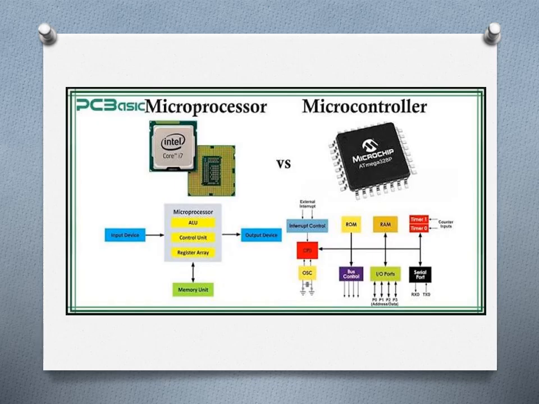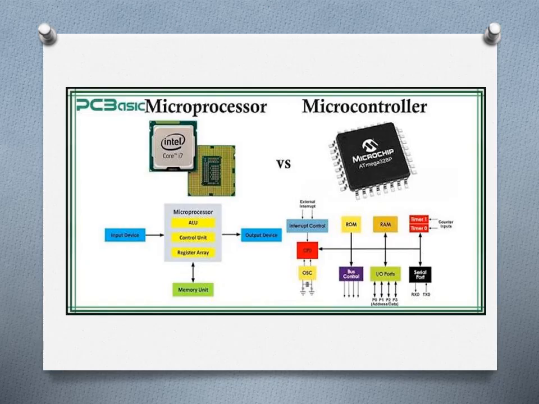As you can see, you have two diagrams, one on the left and one on the right. The one on the left is a microprocessor, and the one on the right is a microcontroller. In the microprocessor diagram, you have a microprocessor, with input output devices and memory connected externally. The processor should be programmed accordingly, and the instructions are fetched from memory, and based on the input requirement it can produce the output after execution.